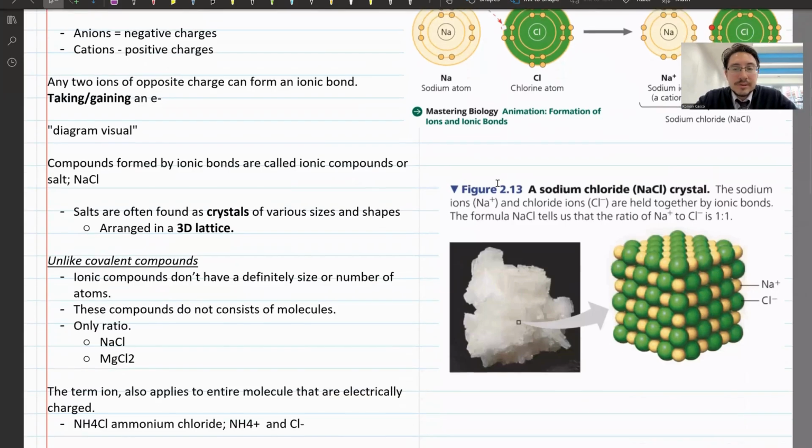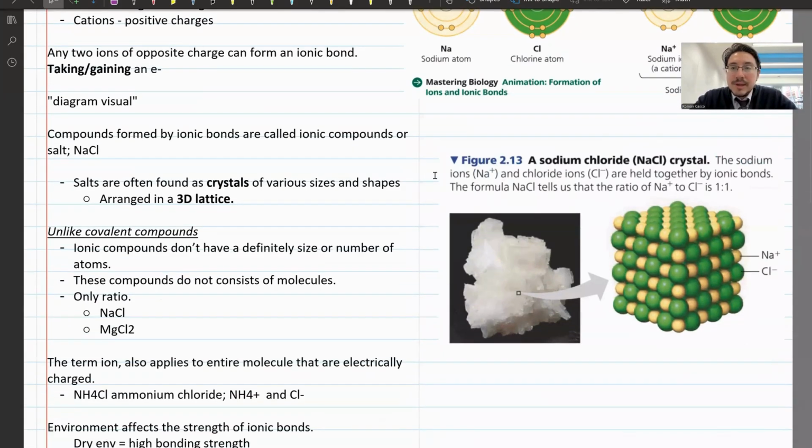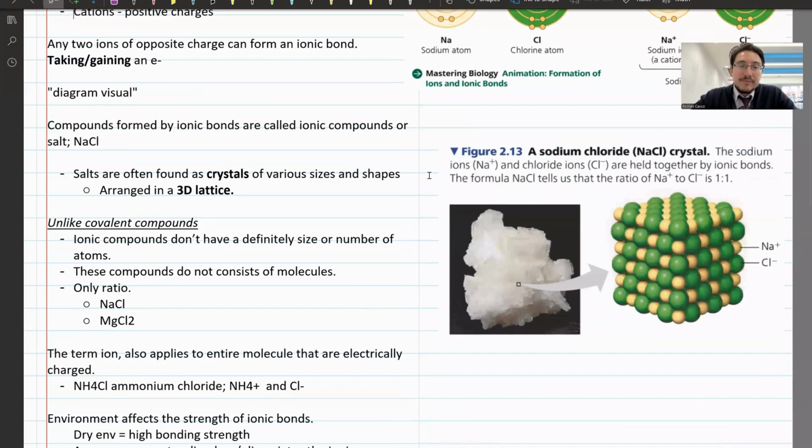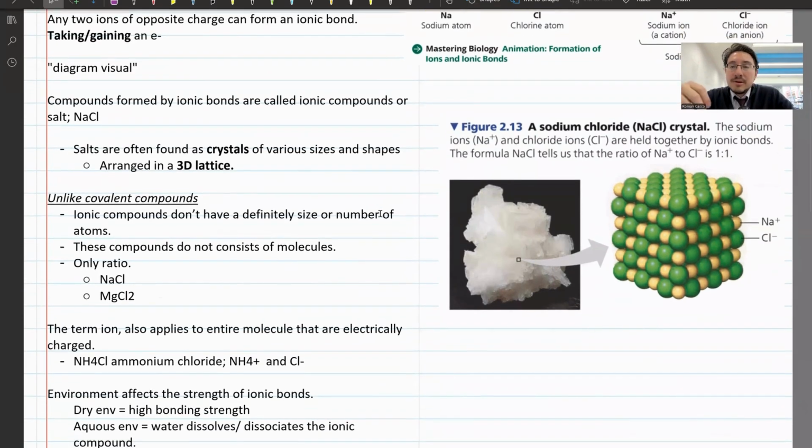Let me just go a little bit down here. So you'll generally have compounds formed from ionic bonds, and they're referred to as ionic compounds or commonly known as salts. Okay, again, sodium chloride being the common one. And in their 3D structure, they generally form crystals.